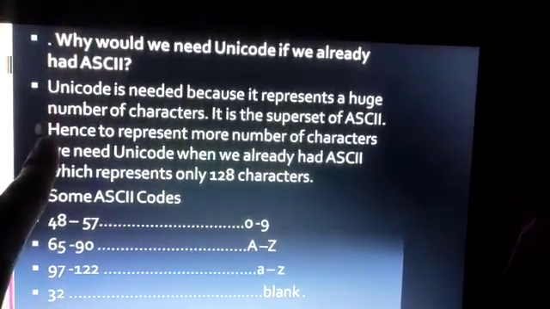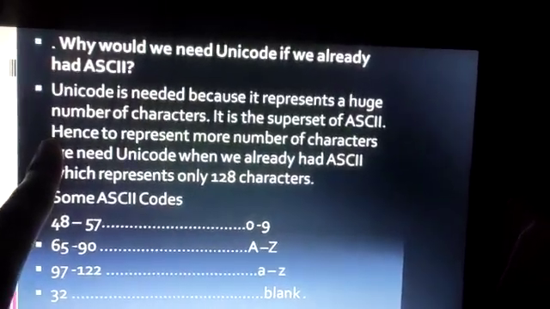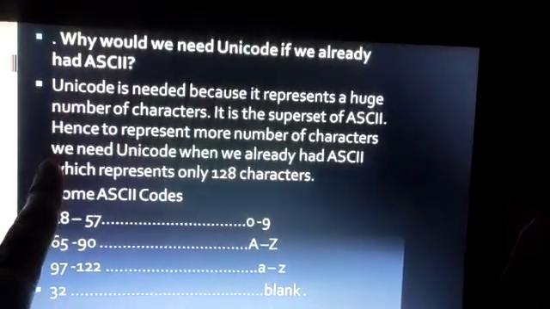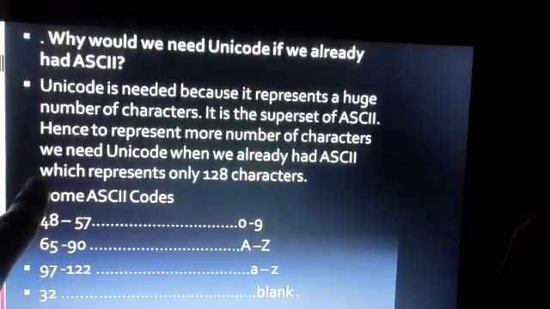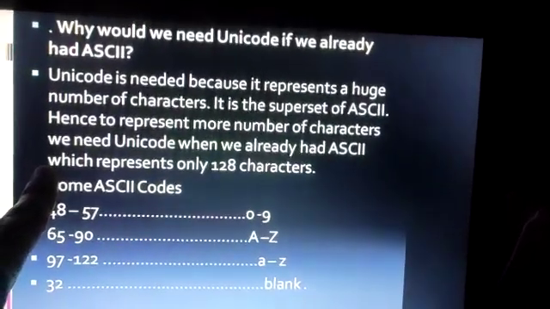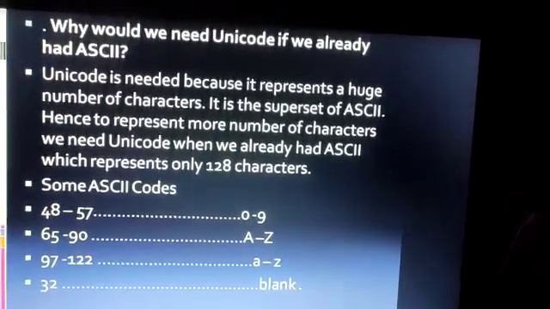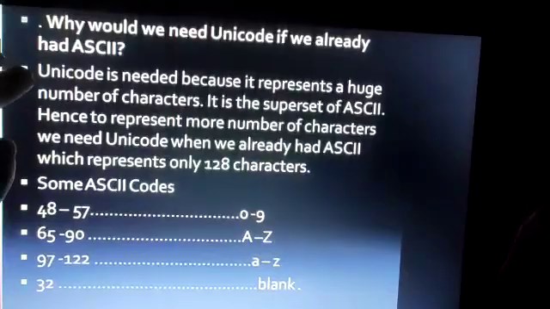It is the superset of ASCII. Hence, to represent more characters we need Unicode, since ASCII represents only 128 characters. If we have more than 128 characters, we have to represent them in the Unicode character set.